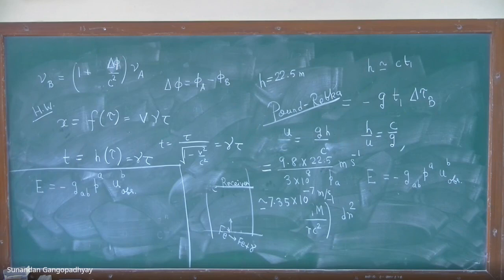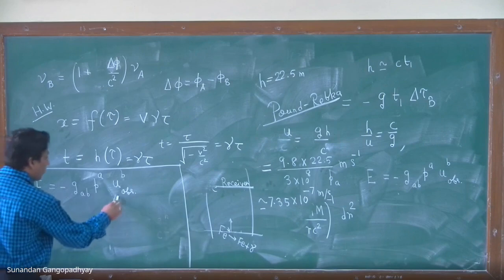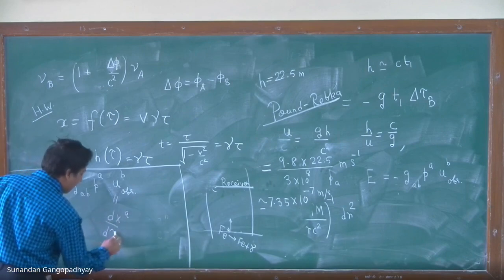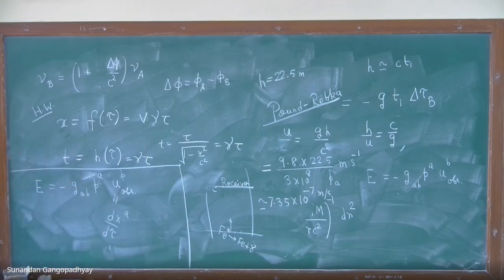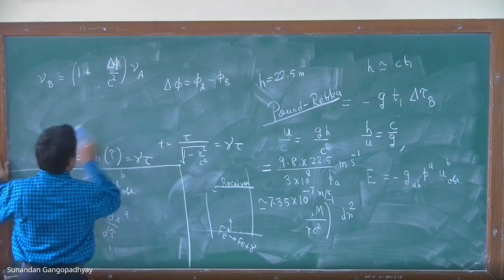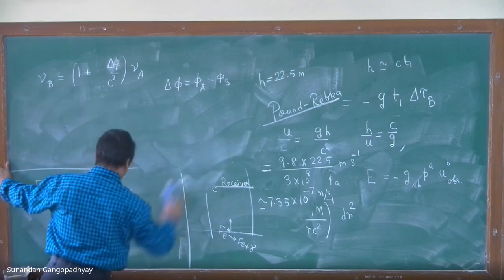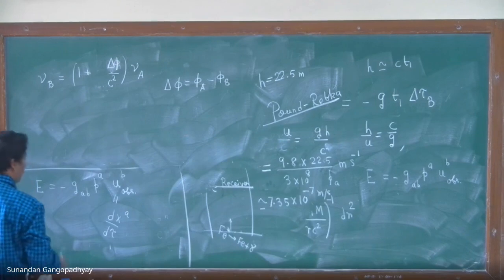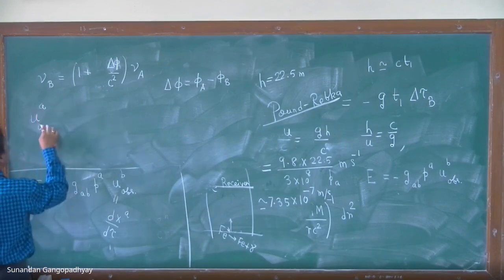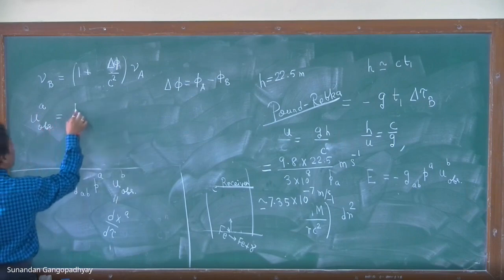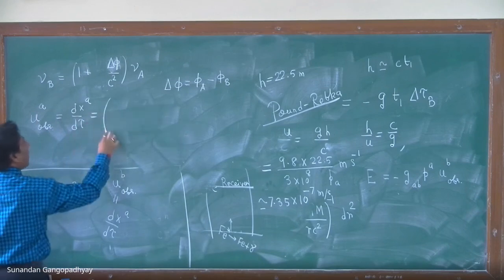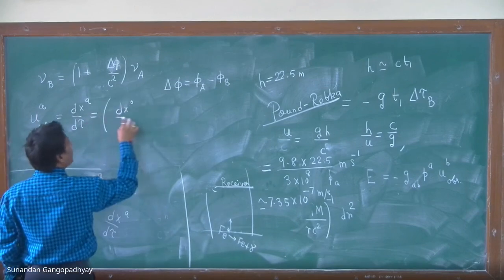So the observer gives data. This is nothing but V^a, the 0 component.